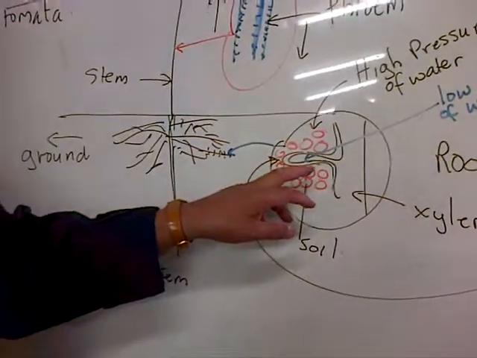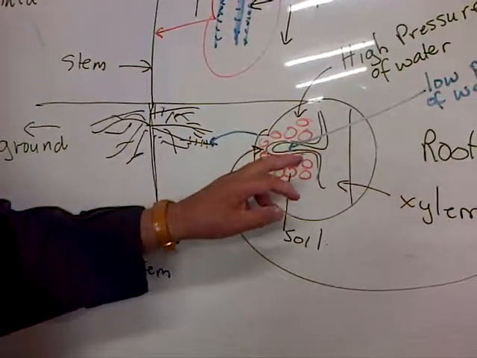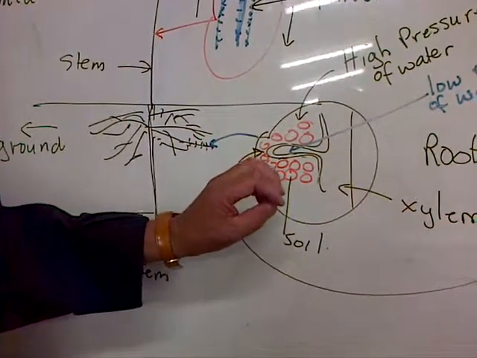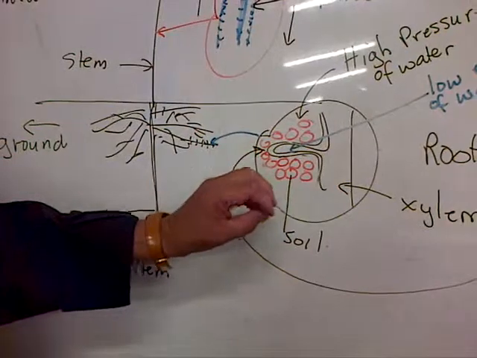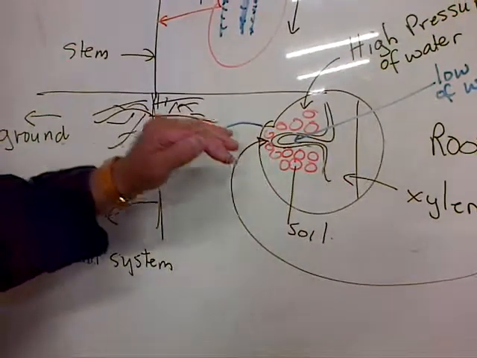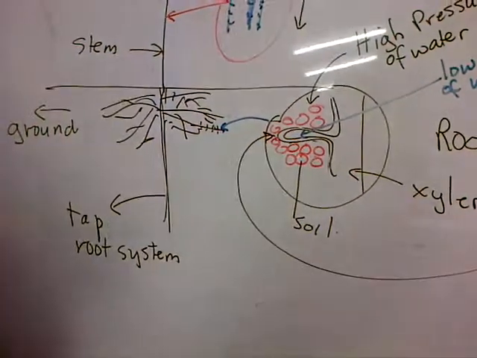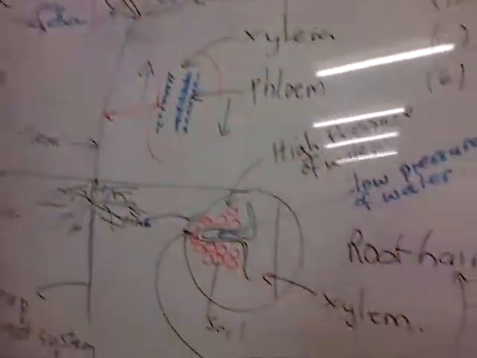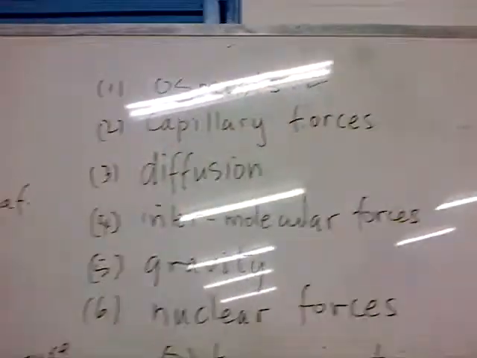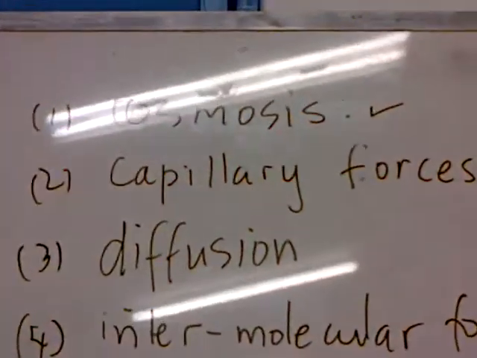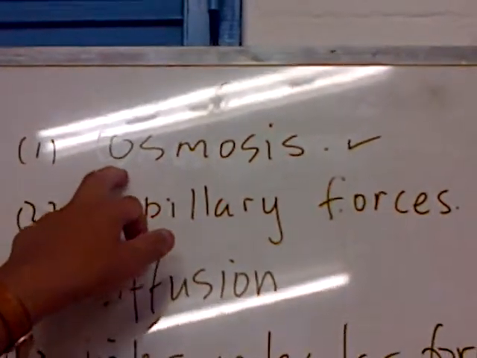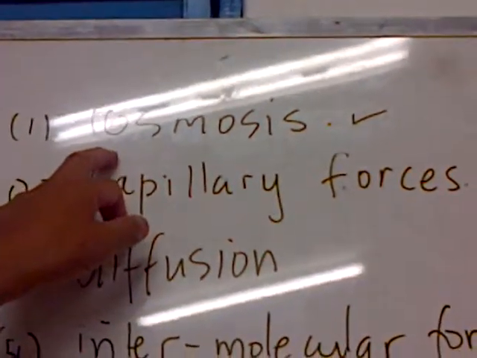Low concentration means there isn't enough water in there, and a high concentration means a lot of water. So water will move from a high concentration to a low concentration through a membrane. That's osmosis. Okay? The movement of water molecules from a high concentration to a low concentration through a membrane is osmosis.